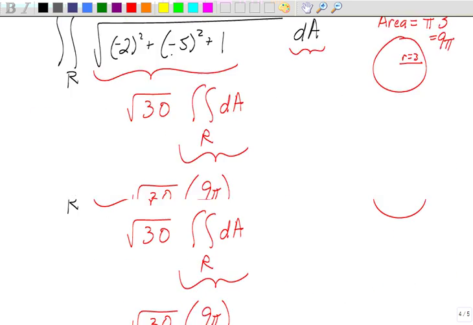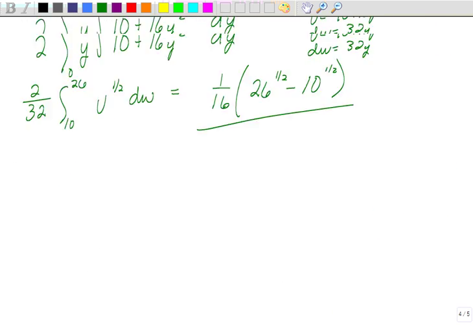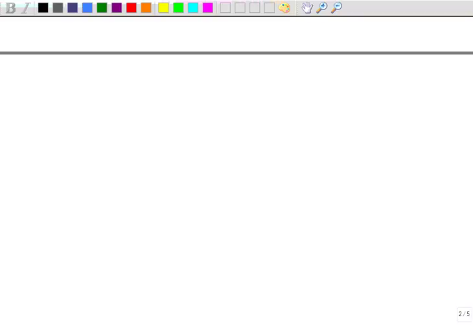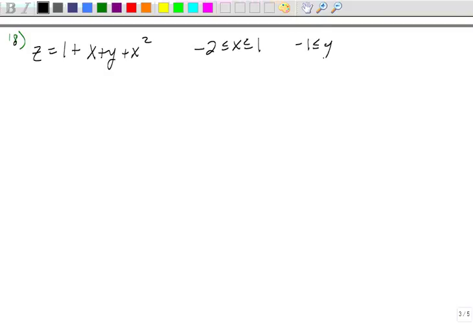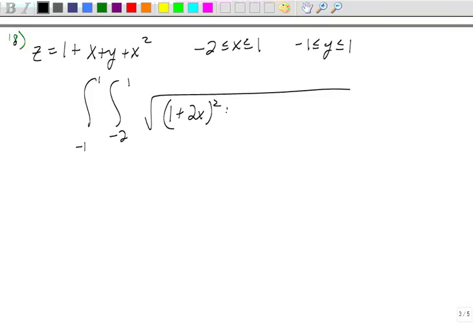Let's do 18. So I'm going to go from -2 to 1 for x, -1 to 1 for y. f_x is 1 plus 2x. f_y is 1.